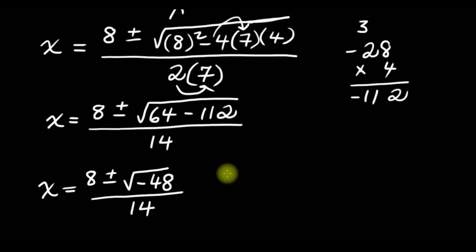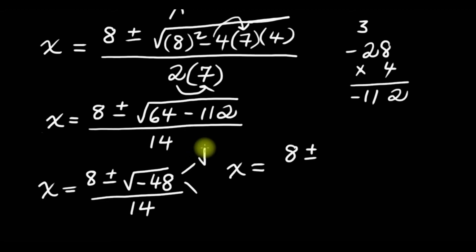Okay, so we're going to continue to simplify. x is 8 plus or minus. Now we've got to break this down. We've got to simplify this by breaking this up into where one is a perfect square. And you want to use the biggest perfect square that can go into 48.